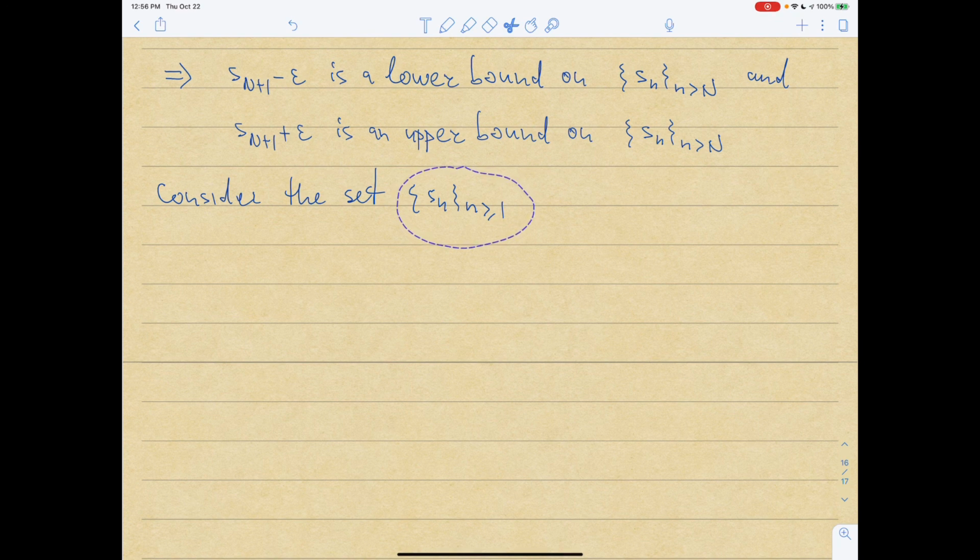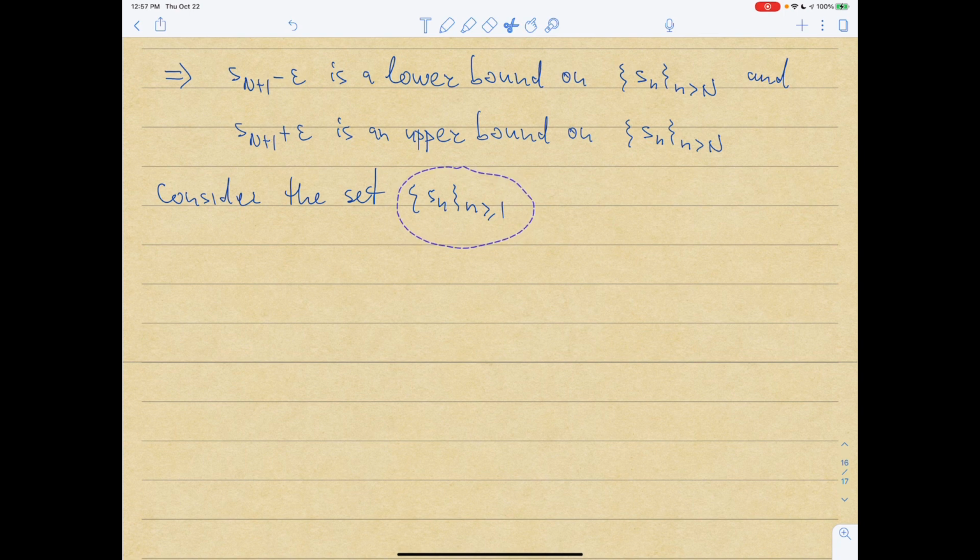It cannot be smaller than an upper bound on a subset, because the subset is already contained in the set itself. So the upper bound on the subset is the least that the upper bound on a big set can be.